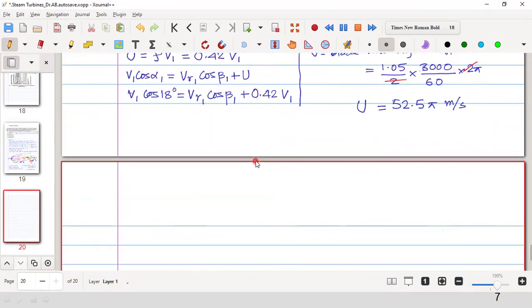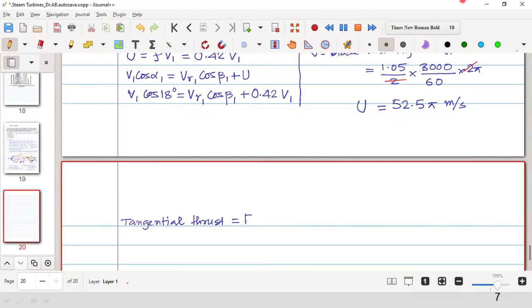Now first let us write the tangential thrust. What is that? Then we will calculate the quantities accordingly. Tangential thrust. What is that?